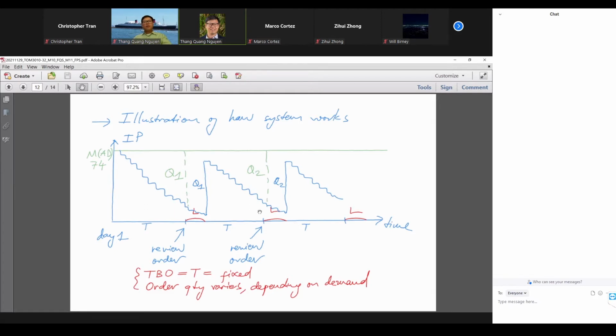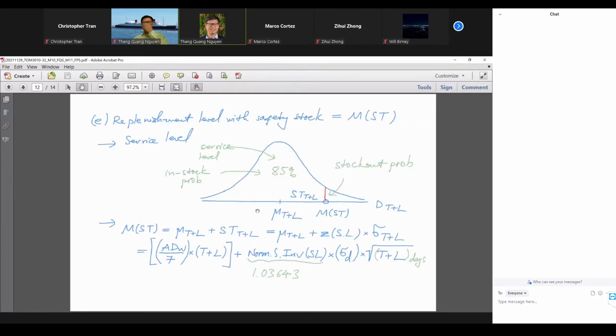And then in part E, the final part of the question, the example of question 25, we try to do more than before. Earlier, we only covered the average demand, right? But this time around, we carry some extra stock.